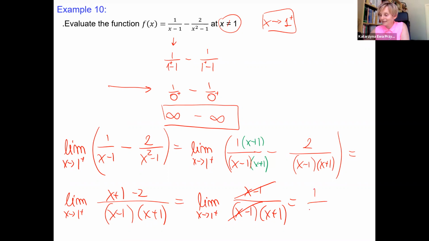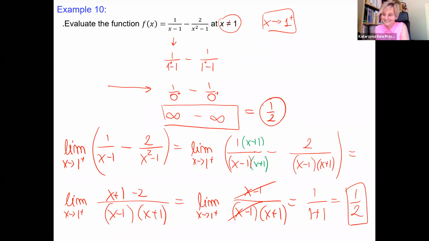Now we can do direct substitution. X is approaching 1, 1 plus 1. The limit is 1/2. It's amazing. Big number minus big number, and we get 1/2, a finite number. That's the reason this is an indeterminate form, and we always have to double check and make sure that we have the correct answer.